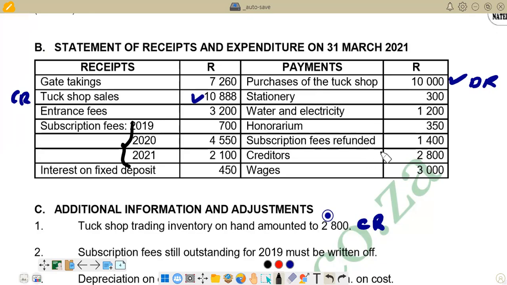So we go to the debit side and put our 1,400, and then let's make that entry, 1,400 on the debit side.